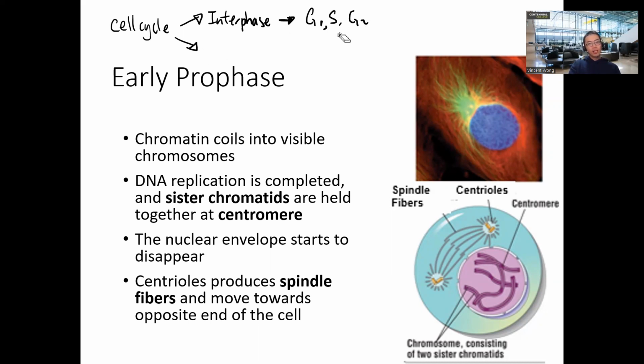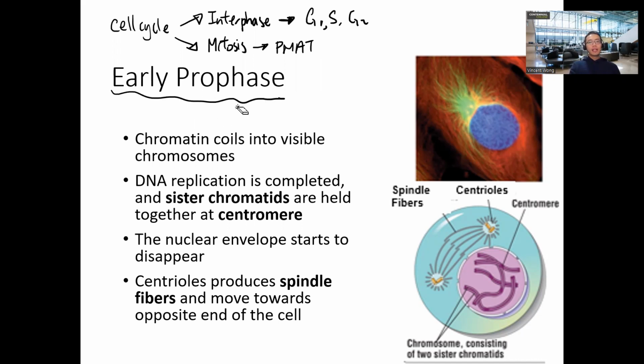If you pass G1, finish your S, and pass your G2, you will be allowed to do mitosis. Mitosis is separated into PMAT, and we are talking about prophase now, which means if the cell is in early prophase, it would have already gone through G1, S, and G2. That means the DNA would have been copied already.